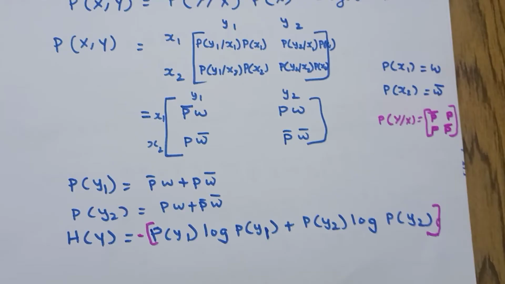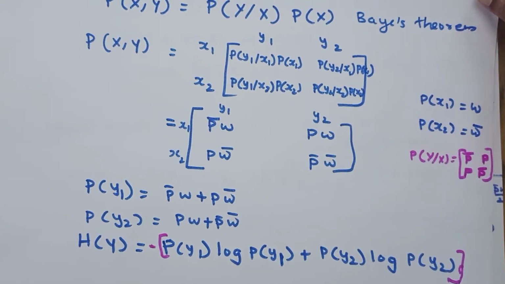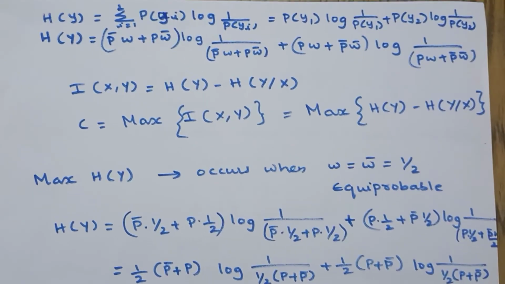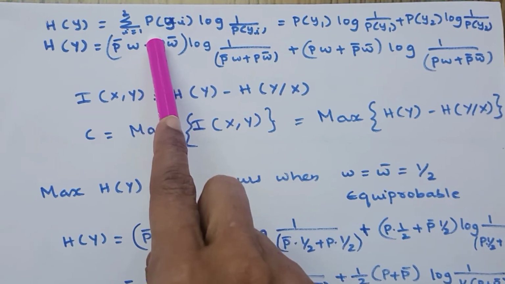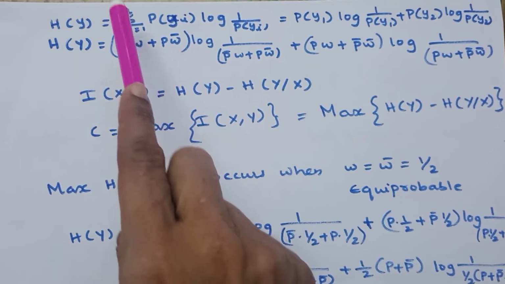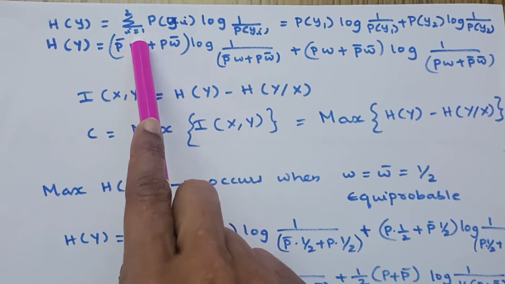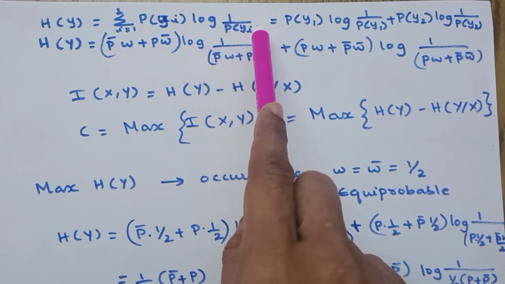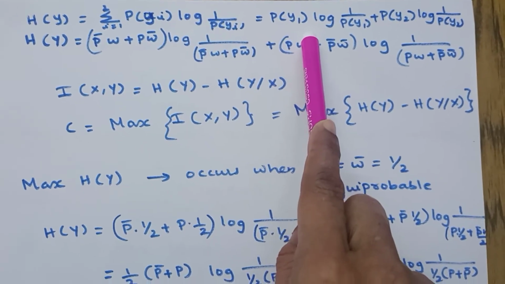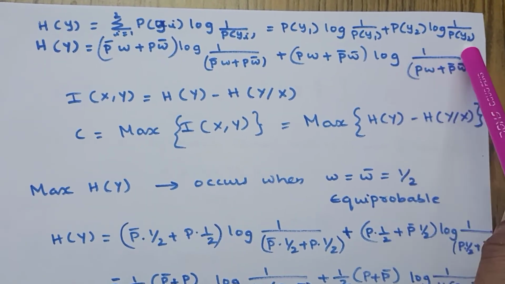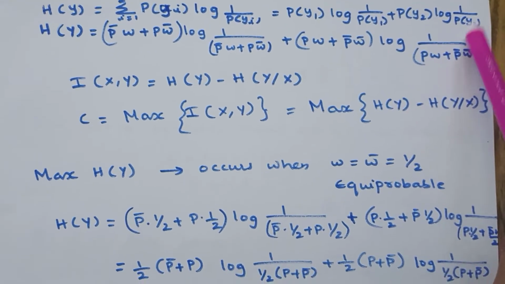Using these two equations, we will get the entropy of y, that is H of y. As per the equation, H of y is equal to what? H of y is sigma i equal to 1 to 2 P of y_i log 1 by P of y_i, that is equal to P of y1 log 1 by P of y1 plus P of y2 log 1 by P of y2.